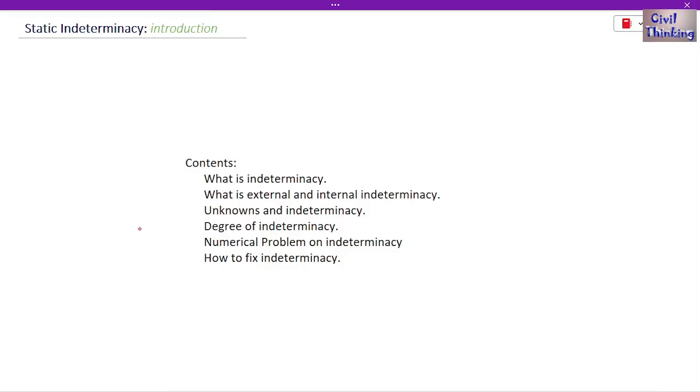Now coming to today's class, we will see about static indeterminacy in trusses.